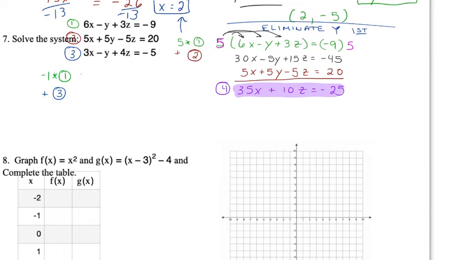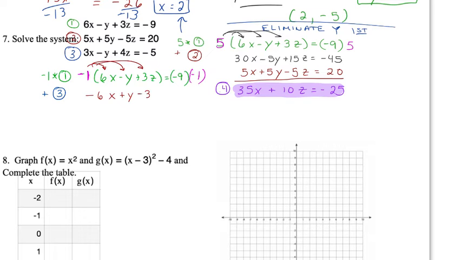So here we go. Negative 1 times 6x minus y plus 3z equals negative 9 times also negative 1. Put that in parentheses so it doesn't look like minus 1. Here comes the distribution. Negative 6x, positive y, negative 3z equals 9, flips all their signs.